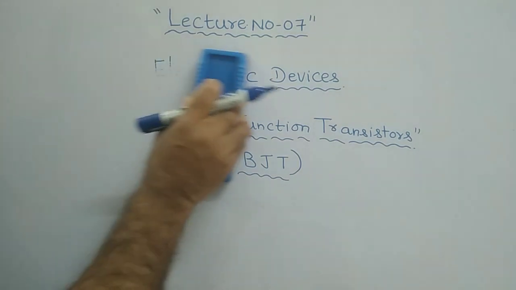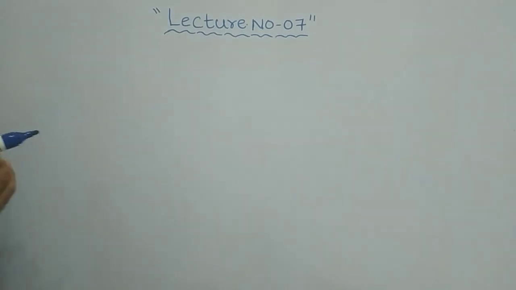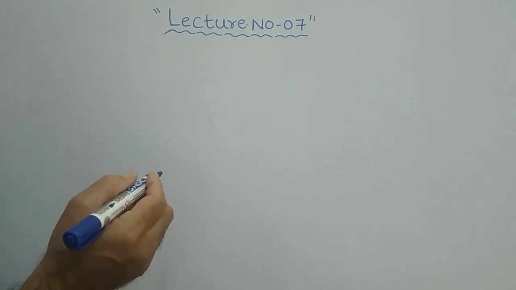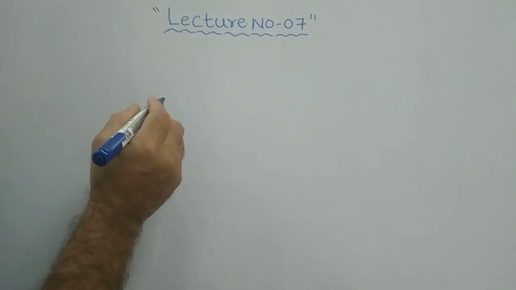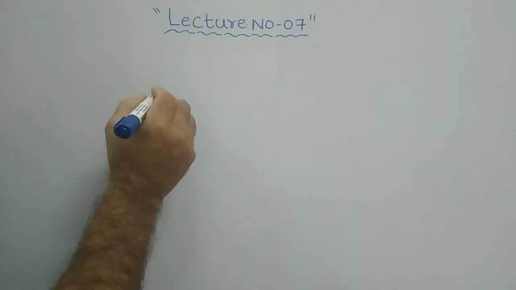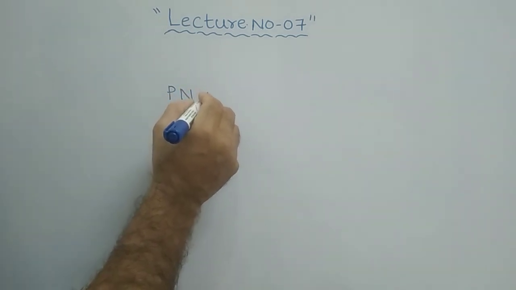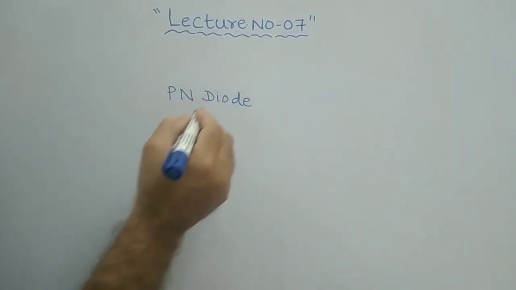Normally, as far as your EDC subject is concerned, the basic building block normally starts from your PN junction diode, or simply you can call it a junction diode.